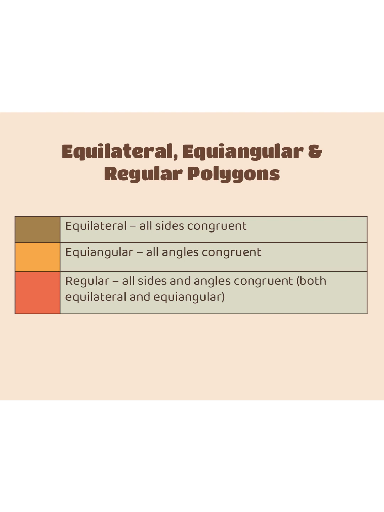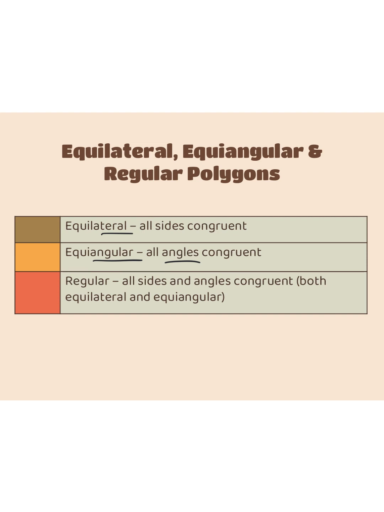All right, so we have equilateral, equiangular, and regular polygons. These are kind of definitions. So for equilateral, so lateral sides, all the sides are congruent. Then you have equiangular, so all the angles are congruent. So angle sounds similar for you to be able to remember.